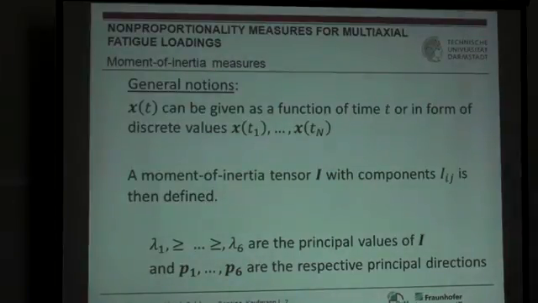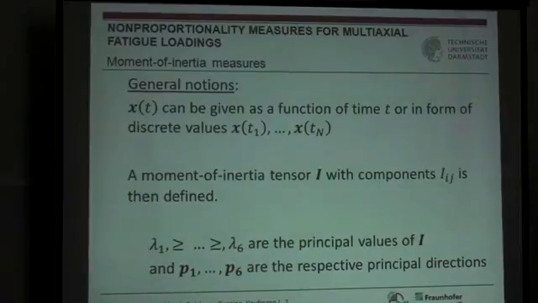If the moment of inertia tensor is computed based on this function or on these samples, the notions we are going to use are the principal values of this tensor of inertia. So it's lambda 1, lambda 2, and so on. Lambda 1 is the largest principal value, and lambda 6 is the smallest one. And P1, P2, up to P6 are the corresponding principal directions corresponding to these values.